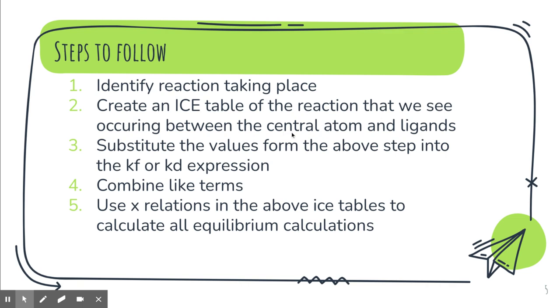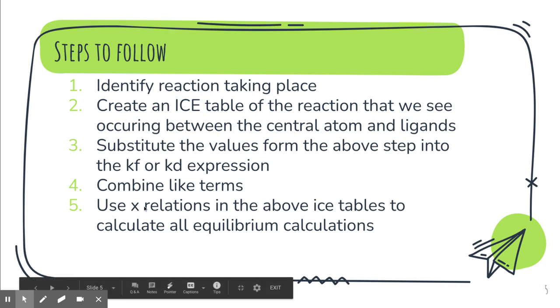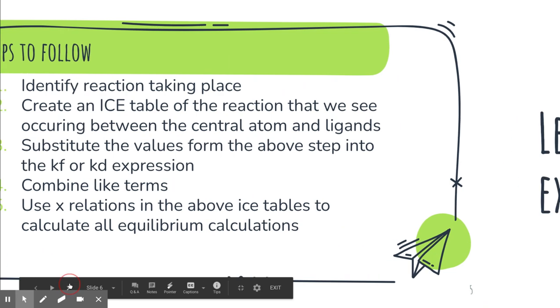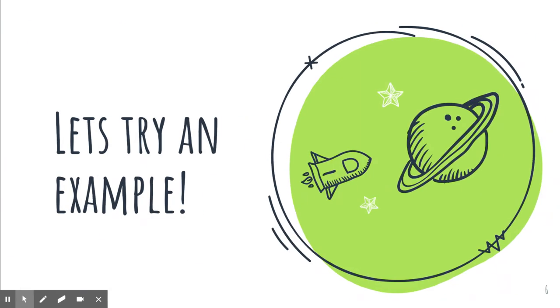From there, we substitute values from the above step into the Kf or Kd expression, depending on whether we are looking at the dissociation or the formation of our complex ion. Then we combine like terms and use the x relations in the ICE table to calculate all the equilibrium values that we need. So let's try an example.